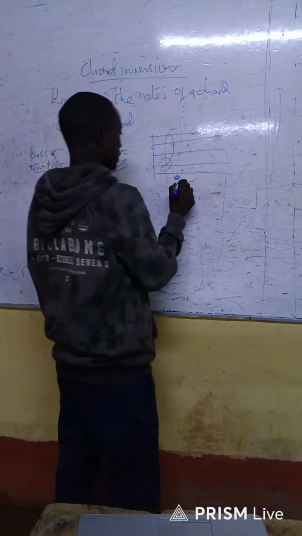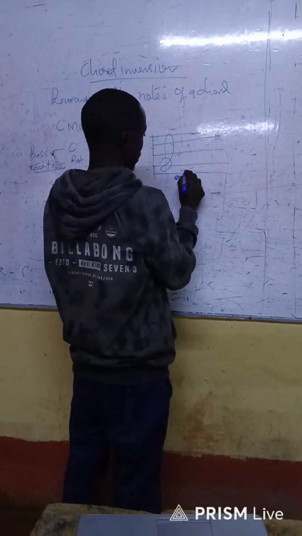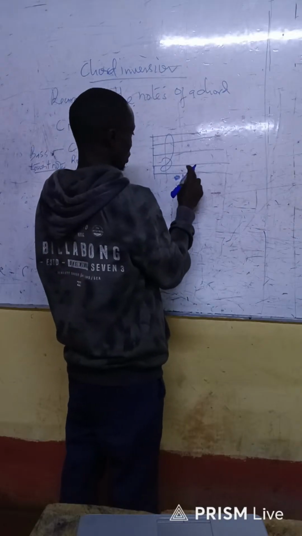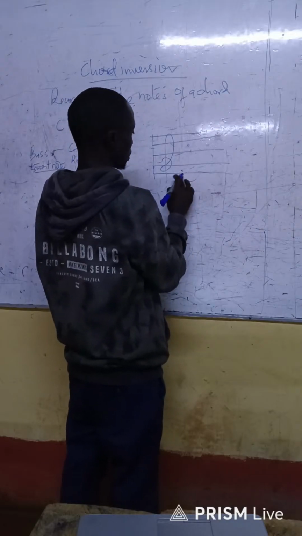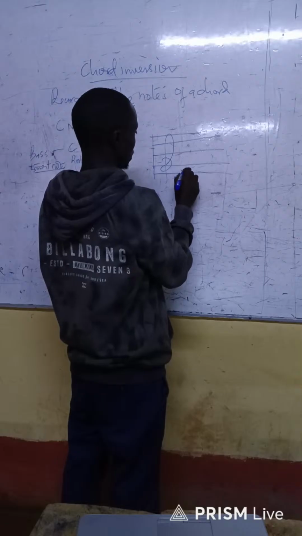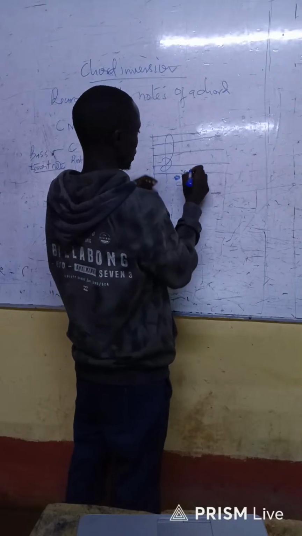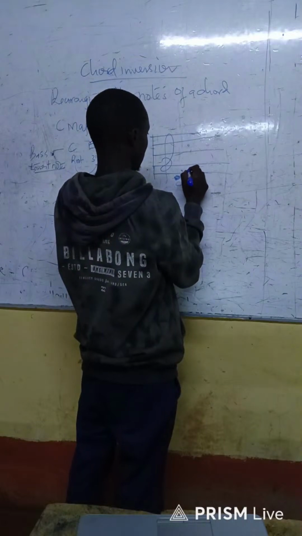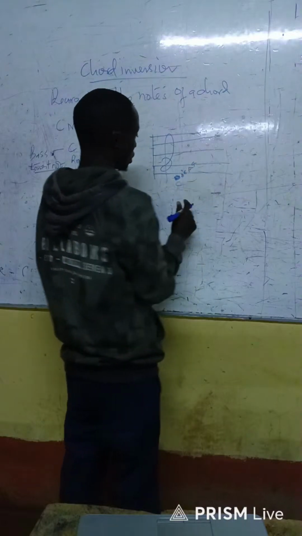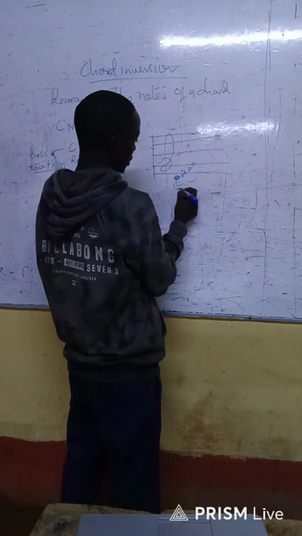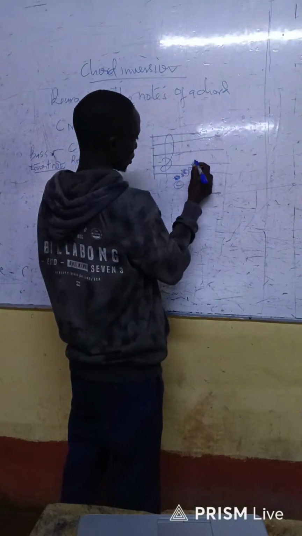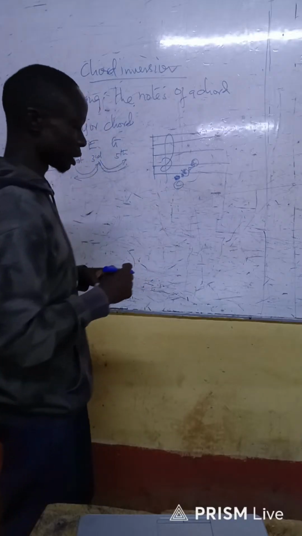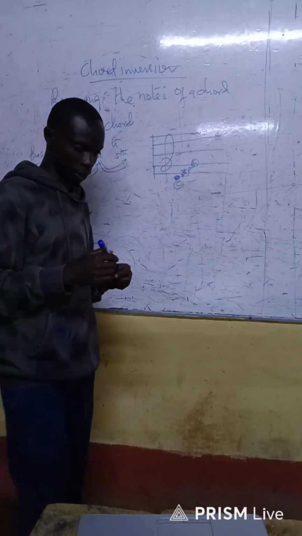Then this is a C. We have a B here and a D here. Then we have C, D, E. Then we have E here, then F, then we go to G. Now our notes are this one and this one. This one is what we call a chord.